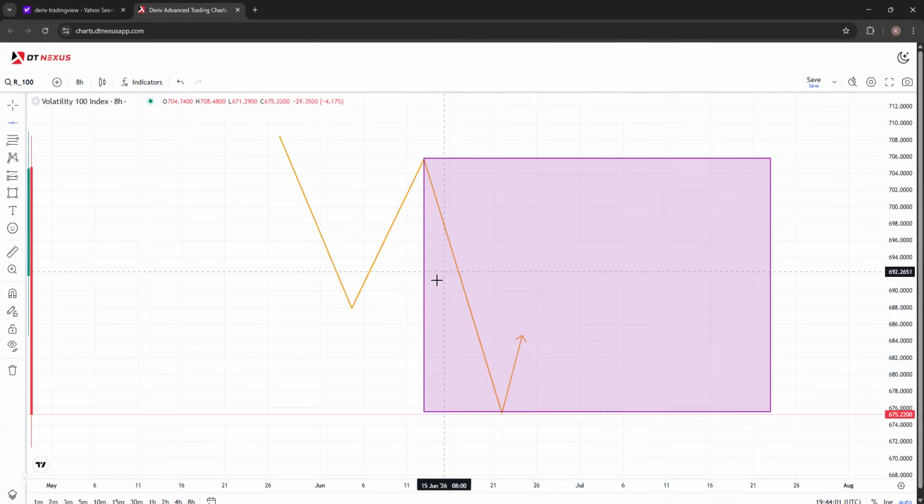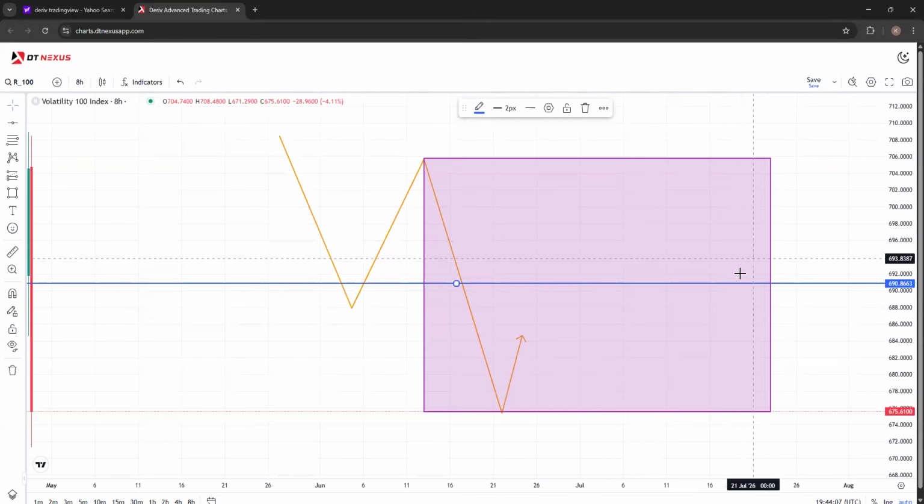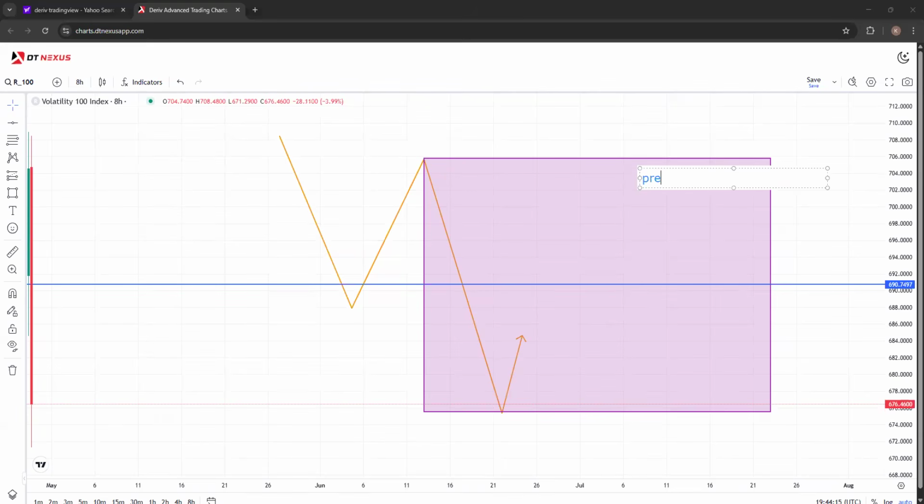So straight after that, what I do is I mark my range. Like in this case, what you see here. And this still remains my premium level, and this still remains my discount level. Right.